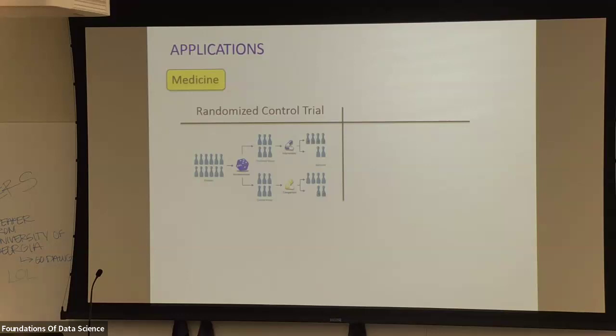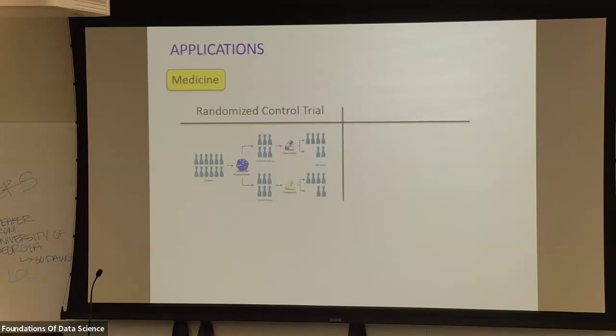Because you might take some big cohort of patients, and then you randomly split them up into two groups. One, the treatment group you give the actual drug to, and one, the control group that you give the placebo to. And you measure the outcomes in these different groups, and you use this to estimate things like p-values for what's the chance that the drug is actually effective.